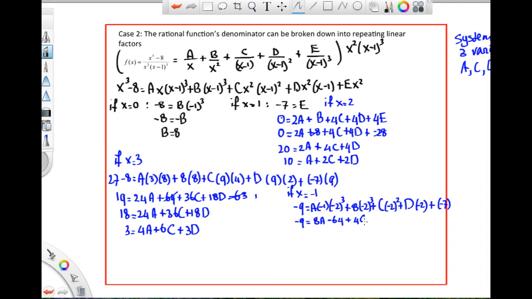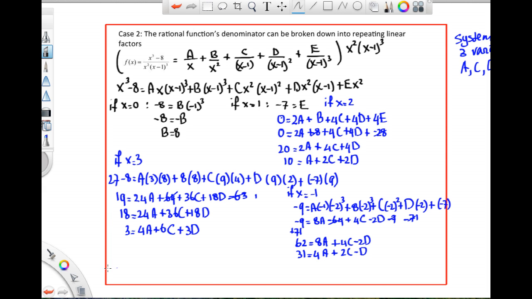Four c minus 2d minus 7. Negative 64 minus 7 is actually a negative 71, so we need to add 71. So we're going to do plus 71 over here. So that actually gives you 62. So 62 is equal to 8a, plus 4c minus 2d. That's divisible by 2, so 31 is equal to 4a plus 2c minus d.